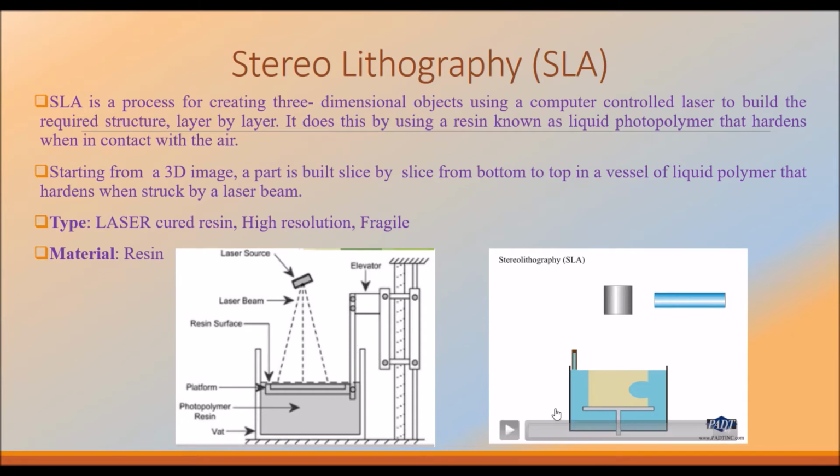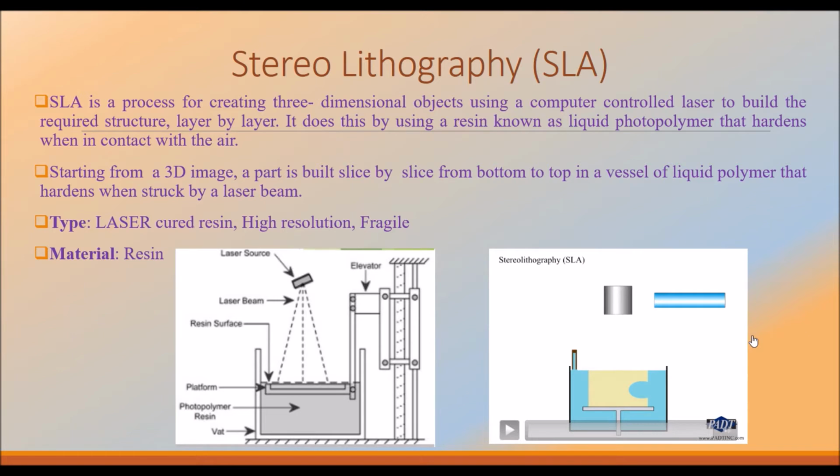In this GIF we see the object printing layer by layer using the laser beam. This is how the stereolithography process takes place.